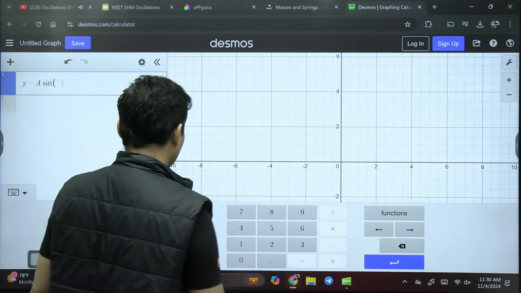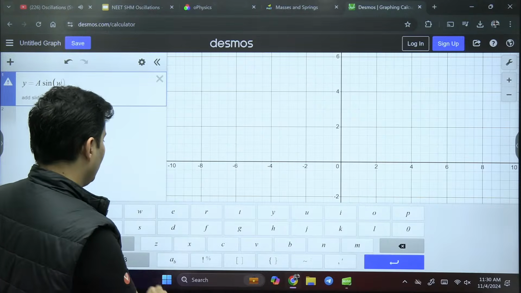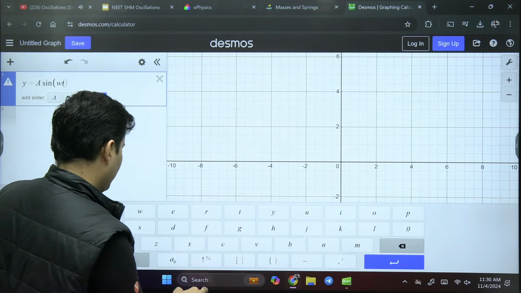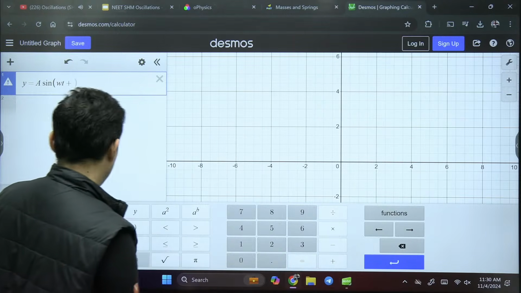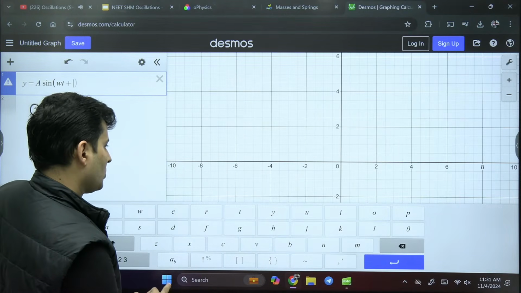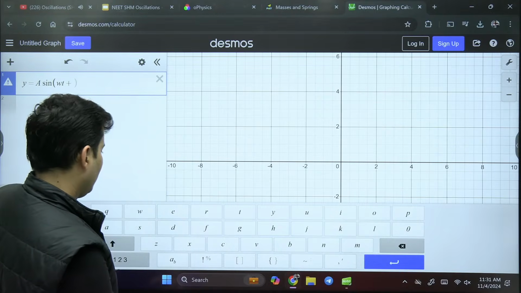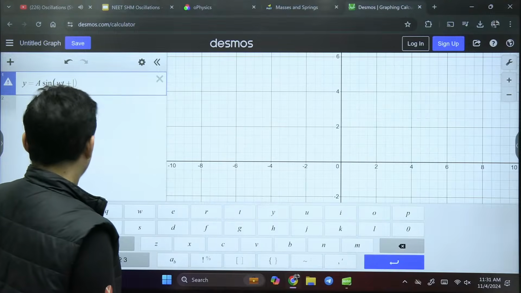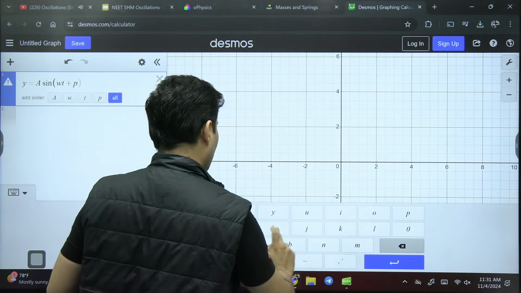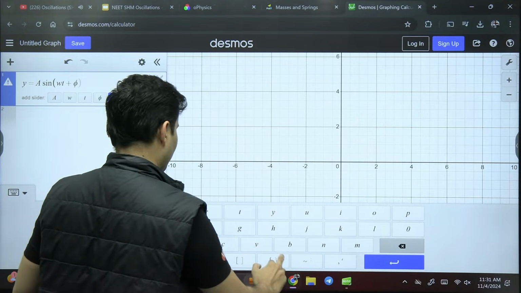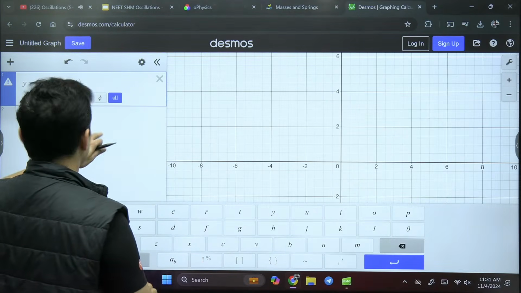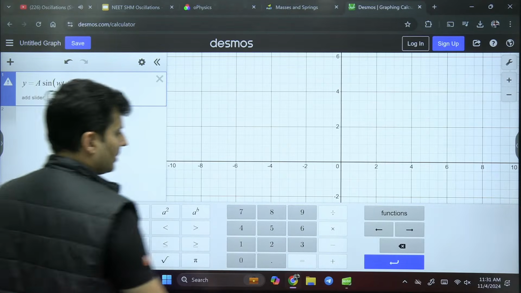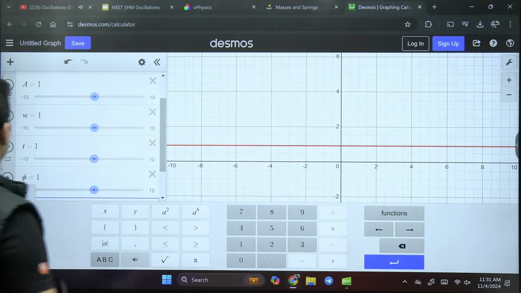Okay, sine, and then omega t, plus some phi. That phi symbol, I doubt if it is there here. I don't know. Okay, I'll just type PHI. Oh, we got it. Perfect. So we got it over here. All right. Closing the brackets. Done.